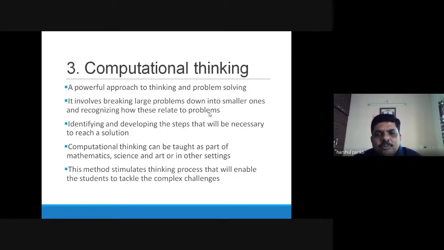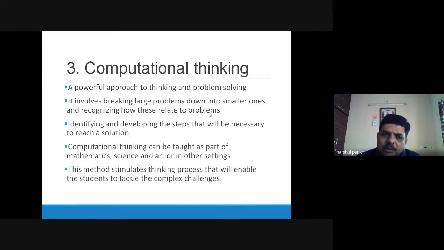Computational thinking is more fruitful in mathematics, science, art, and other settings. Overall, these methods stimulate the thinking process in students to tackle complex challenges.